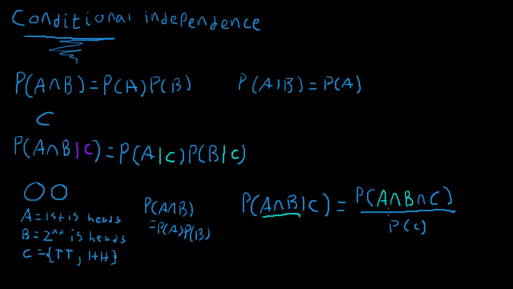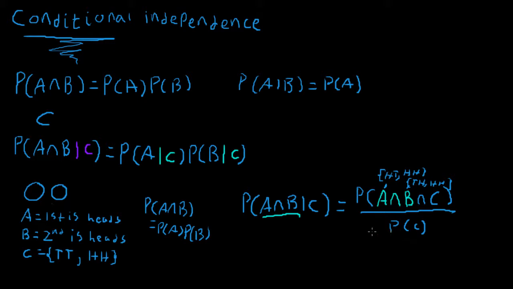Well, this event A contains either heads tails or heads heads. This is A. B is tails heads or heads heads, and we wrote out what C is already over here. So the intersection of everything is just the heads heads.